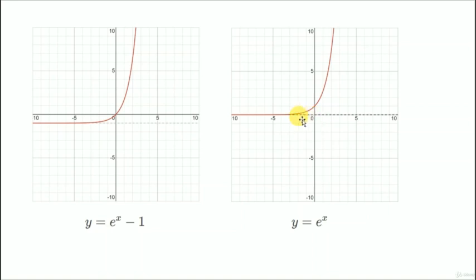And in this range, the output is a positive value, as you can see here. So for example, when you have a negative 1, then the output is a positive value, which we don't want. So what we need to do is shift the graph down by subtracting 1. So when we have e to the power of x minus 1, this is the graph that we have.